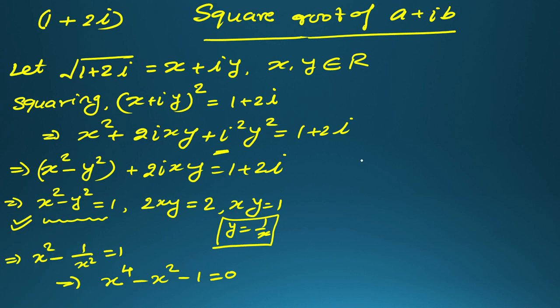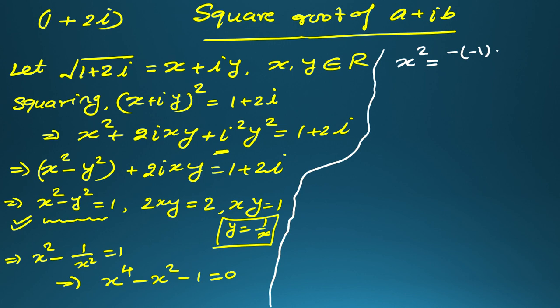We will apply the quadratic formula. The quadratic formula will be x square is equal to minus b plus minus under root b square minus 4ac, means 4 times 1 times minus 1, divided by 2a, means 2 into 1.